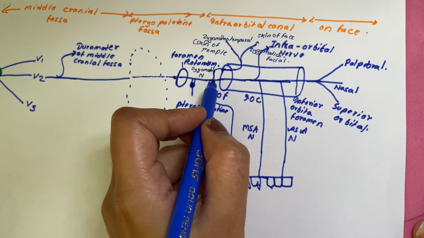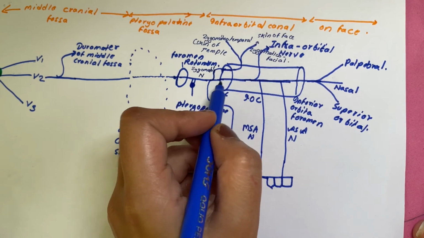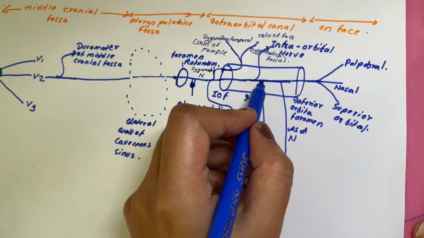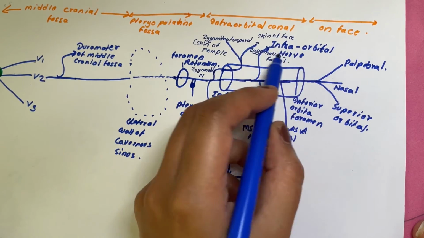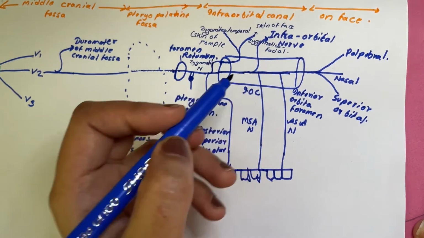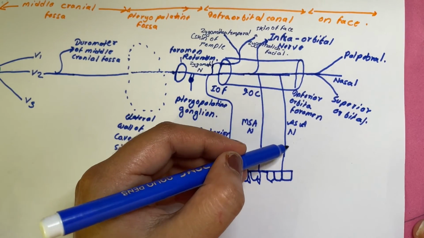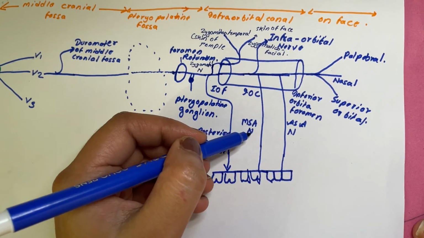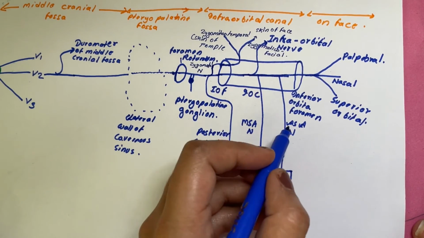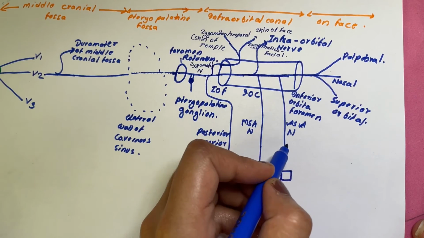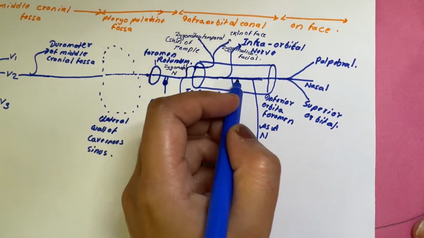And as the continuation of the maxillary nerve, after passing through the inferior orbital fissure in the infraorbital canal, its name changes into the infraorbital nerve, and it gives two branches, the middle superior alveolar nerve and the anterior superior alveolar nerve. The middle superior alveolar nerve supplies the premolars, while the anterior superior alveolar nerve supplies the anterior teeth.